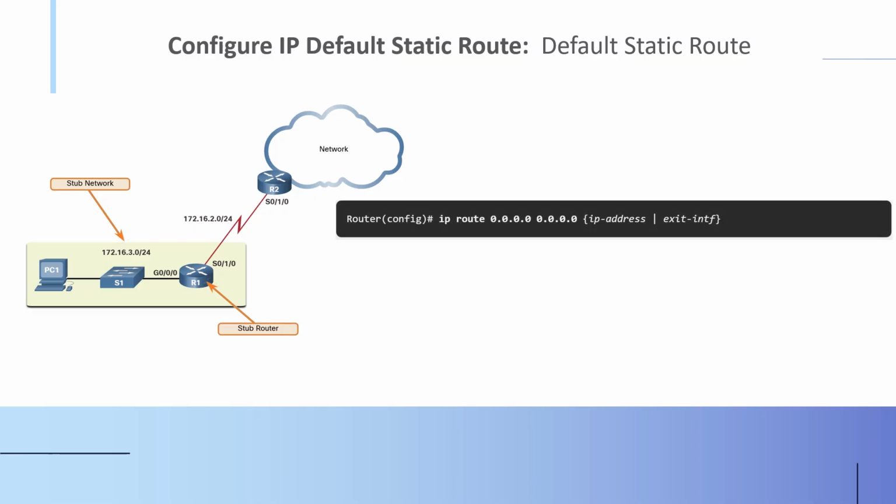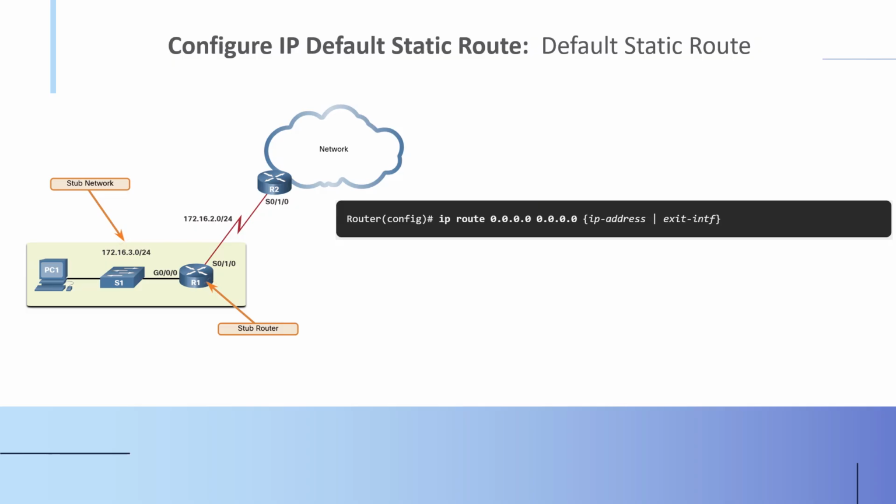So the basic command is as shown here in this figure. When you configure the default static route, we start with the command ip route followed by the network address and the subnet mask as all 0, followed by the IP address or the exit interface, or as we know, the fully specified route with both included.